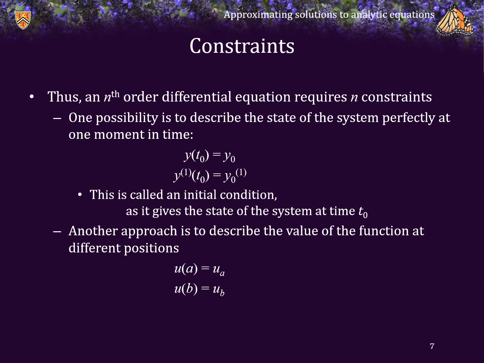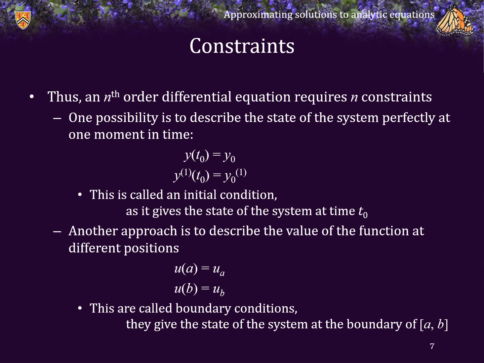Another possibility is to describe the value of the function at different positions. So, for example, suppose the unknown function is some function u, and we have specified that u at some point a is equal to u sub a, and u at another value b is some other constrained value.